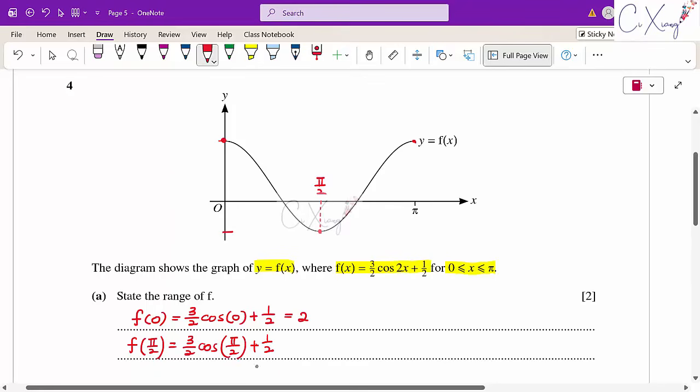Cos 90 degrees times 3 over 2 plus 1 over 2 gives 0.5, which is basically the half.